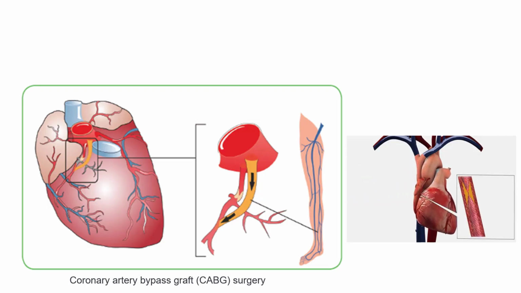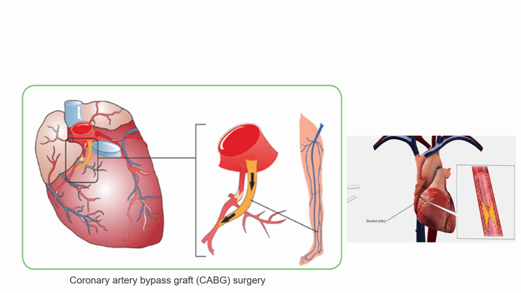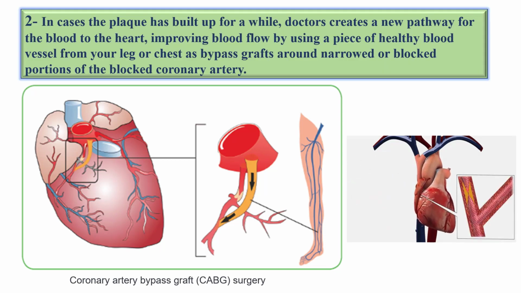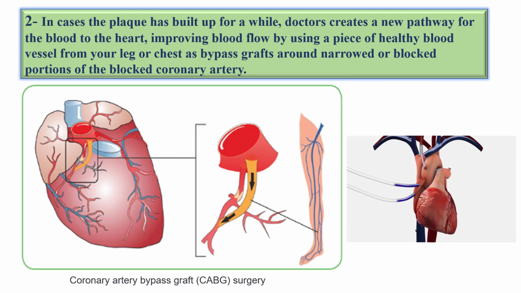The second treatment is used when there is a severe coronary artery disease, and it's called coronary artery bypass graft surgery. In the case the plaque has built up for a while or calcified, doctors create a new path for the blood to the heart, improving blood flow by using a piece of healthy blood vessel from your leg or chest as a bypass graft around the narrowed or blocked portion of the coronary artery.